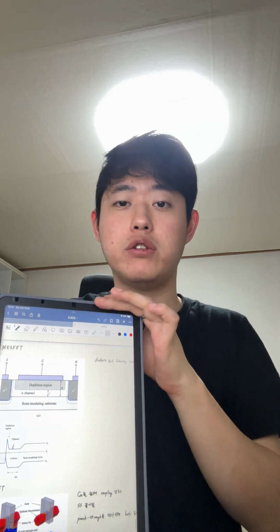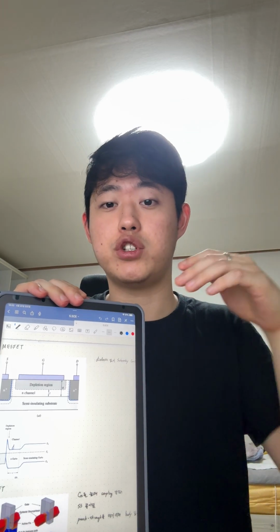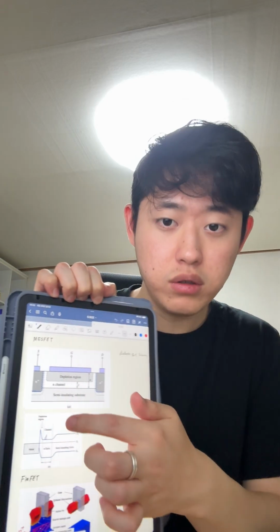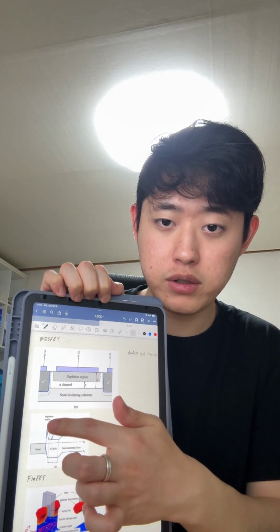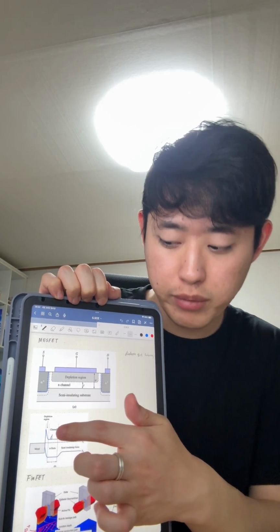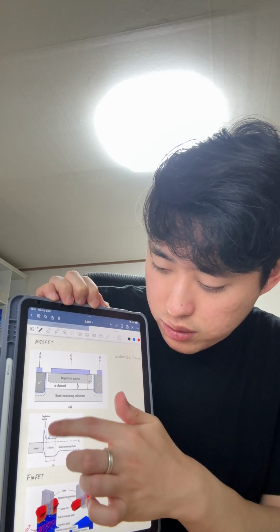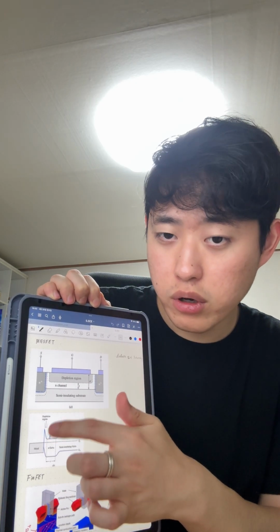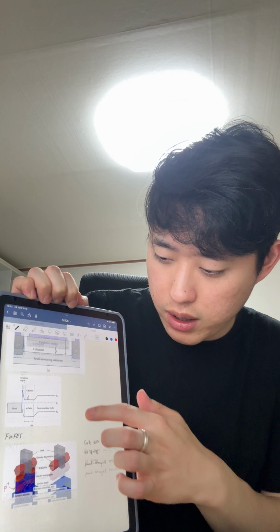So the depletion region acts as the channel on-off switch, and the channel and this quantum well have the Schottky barrier, and this plays the role of the dielectric.